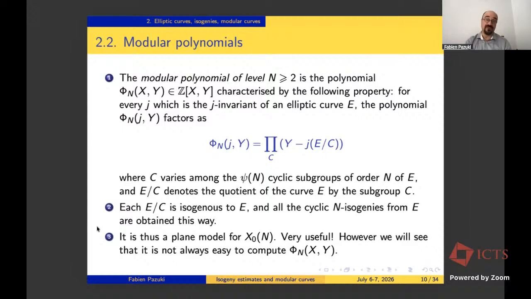However, you have to be a bit careful. You cannot apply theorems on smooth curves if the curve is not given in a smooth model. So this is a little bit of a danger. Modular polynomials are very nice because they encode a model for your curve. However, they do have singularities. So fine, point taken.